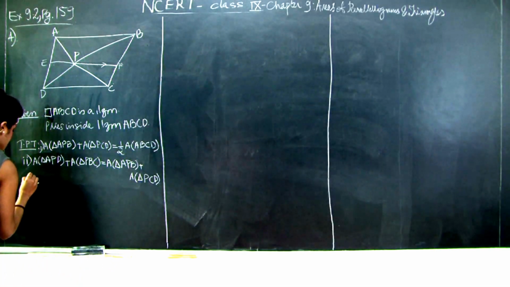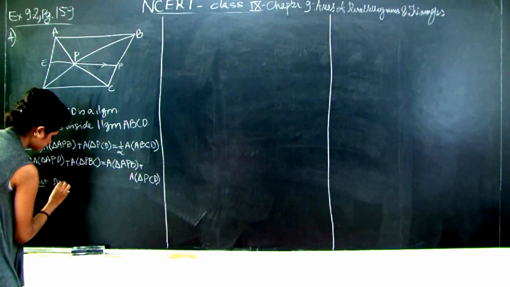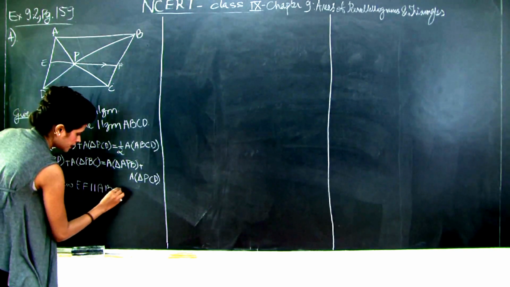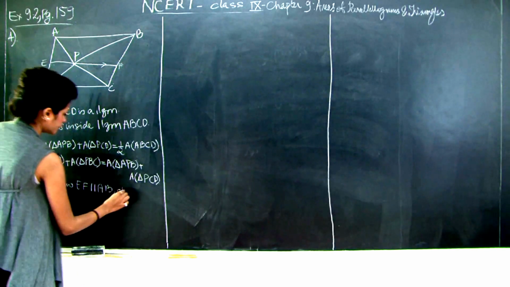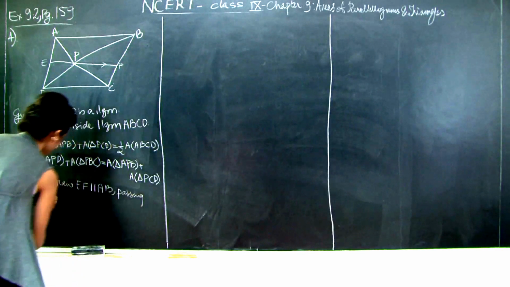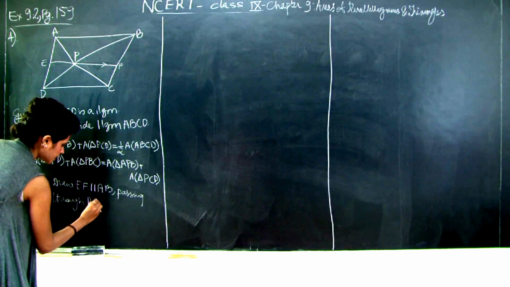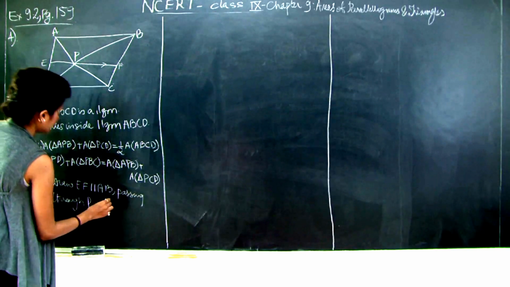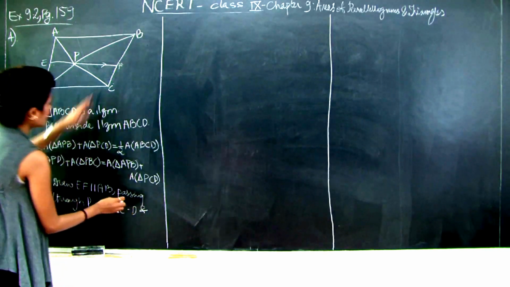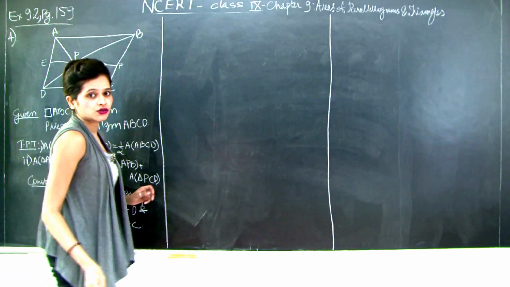So, I will say construction: draw EF parallel to AB passing through P such that E lies between A and D and F lies between B and C. Now let's go ahead with the proof.